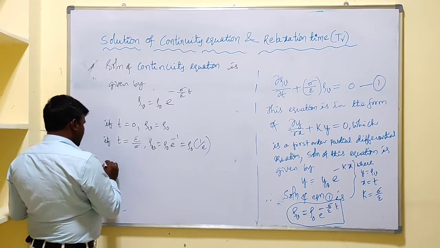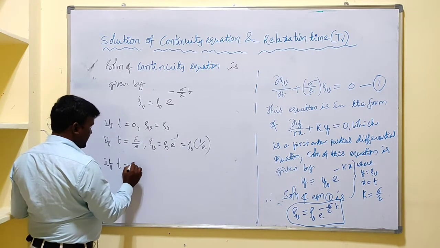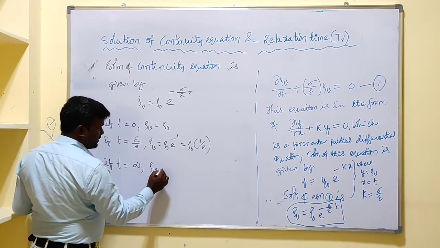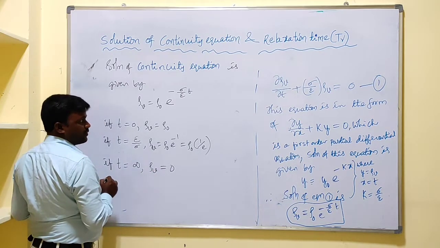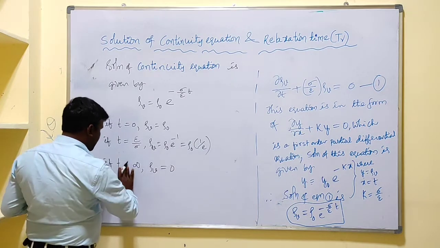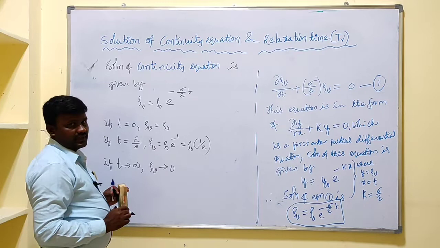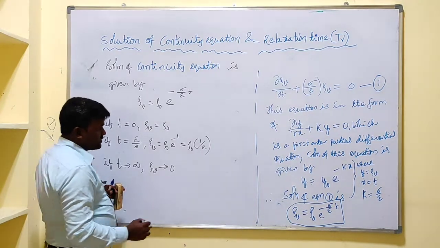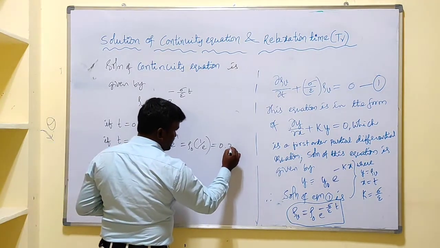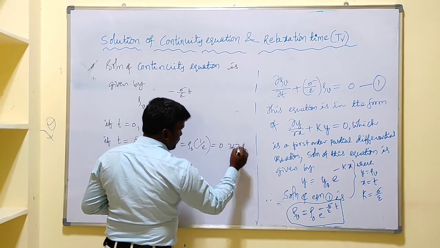And if t equal to infinity, rho v is 0. If t tends to infinity, rho v tends to 0. And at t equal to epsilon by sigma, this is 0.367 rho naught.